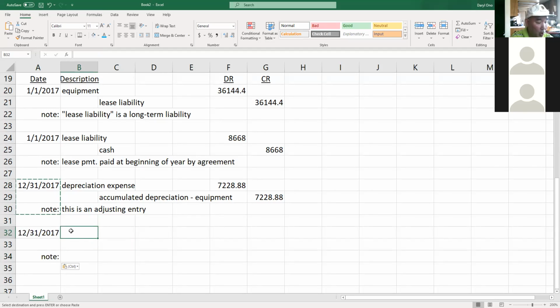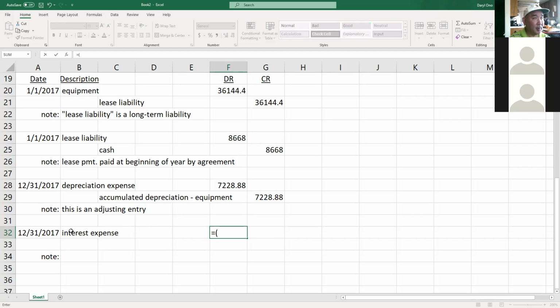All right, so we're going to have interest expense. And what is that interest expense going to be? That's going to be equal to the amount that you borrow, or the lease liability, $36,144, minus, we made one lease payment already. So we still have 4 years of lease payments, or 4 years of debt, that we have to worry about.